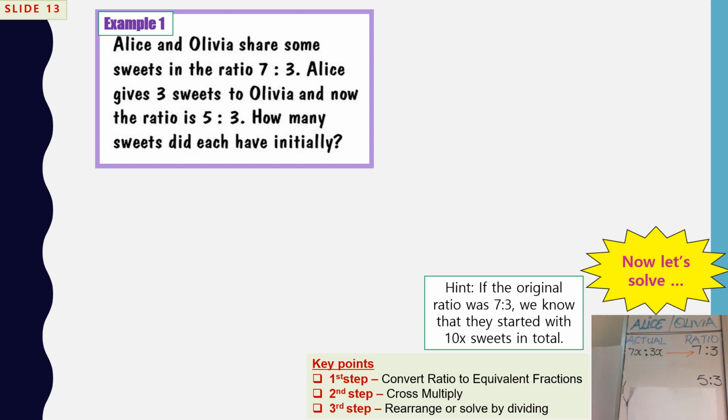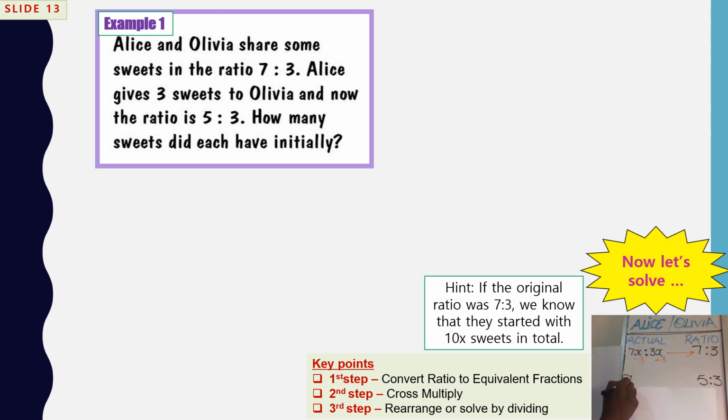In order to find the second set of equivalent ratios, the information that Alice gave 3 sweets to Olivia is significant. So, meaning that Alice has now got 7x minus 3 sweets, whereas Olivia has got 3x plus 3 sweets.